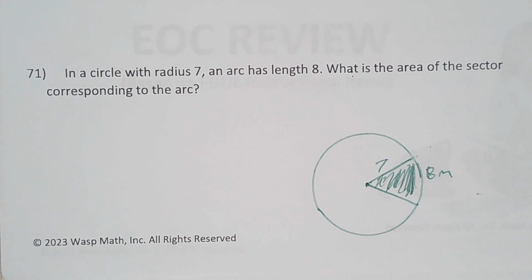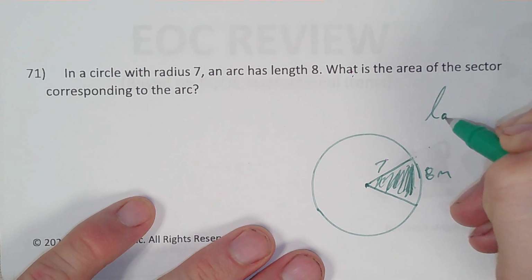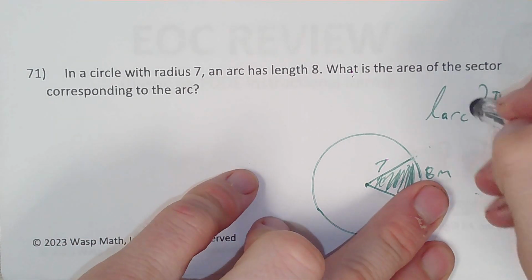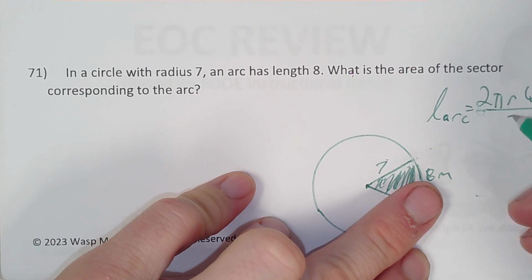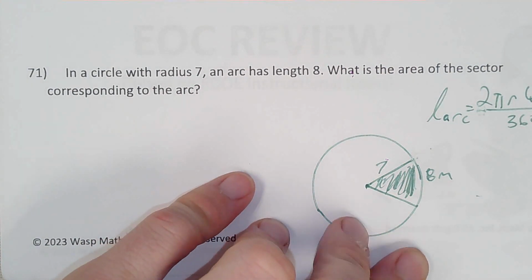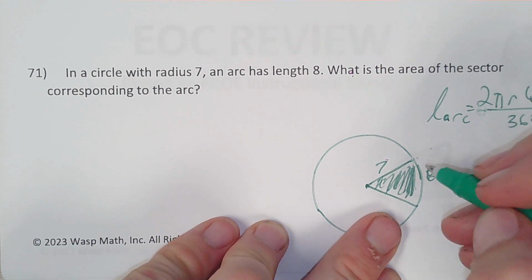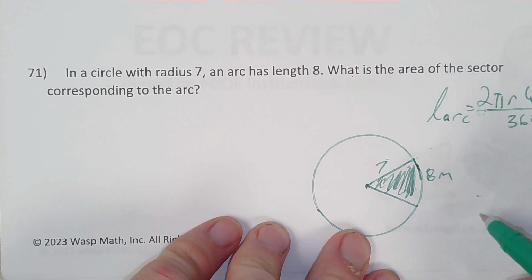All right, so we know that the arc length equals 2 pi r times theta over 360. They didn't give us 360 or anything like that, but it's kind of a ratio thing here.